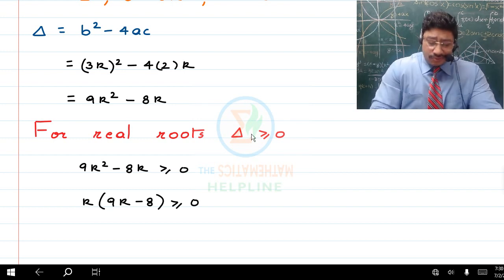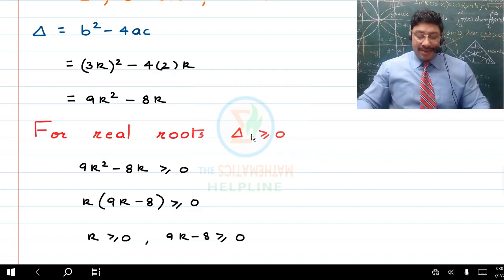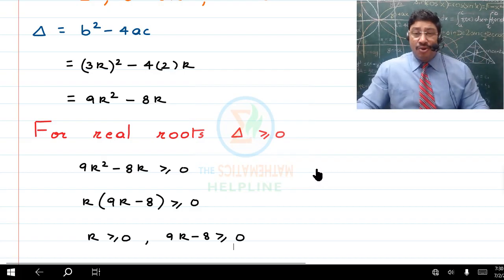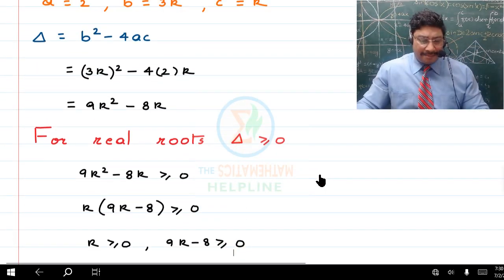The first value tells you that k can be greater than or equal to 0, and the other value tells you that you have 9k minus 8 greater than or equal to 0. Now children, here we have one thing: if we now talk about equal to 0, let's see what happens.